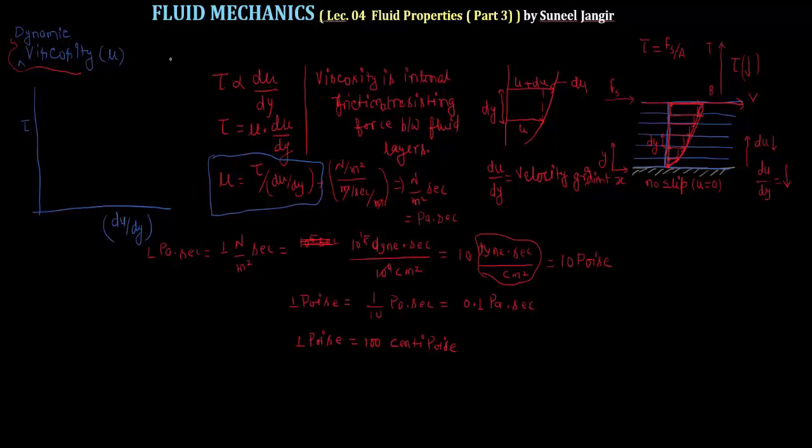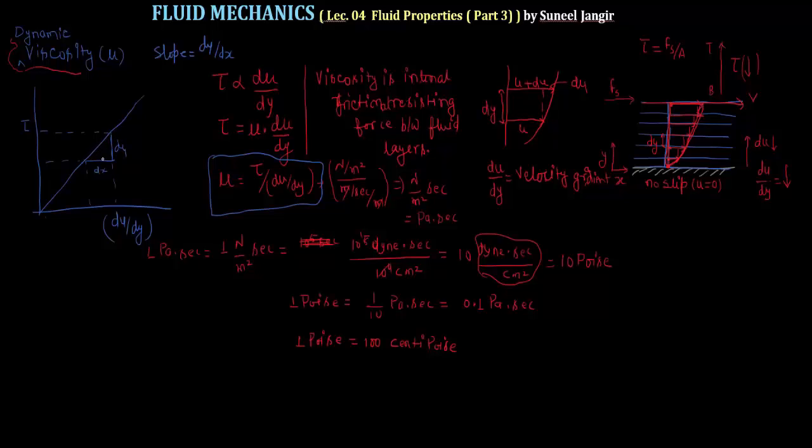From the slope equation we know slope is equal to dy by dx. So let's consider this is dy and this whole term is dx. So we can define mu as a slope actually.